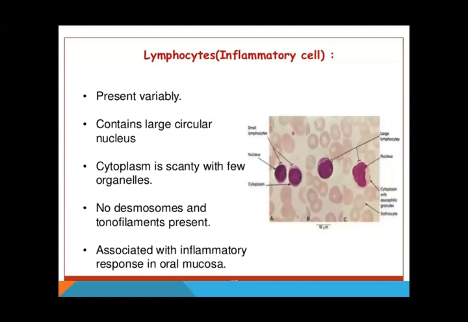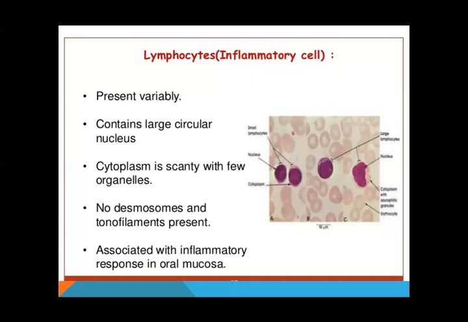Another name is inflammatory cell. Present variably, contains a large circular nucleus. Cytoplasm is scanty with few organelles. No desmosomes and tonofilaments are present. They are associated with the inflammatory response in the oral mucosa.